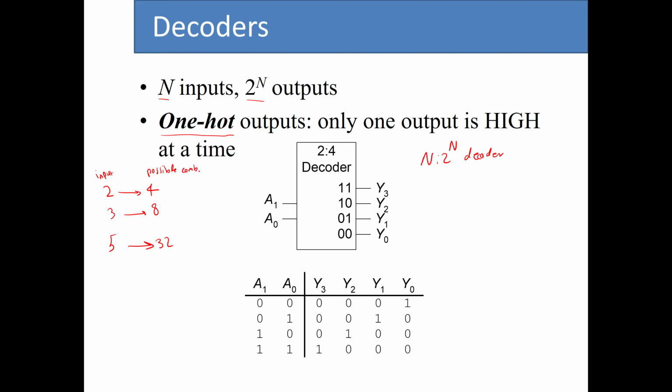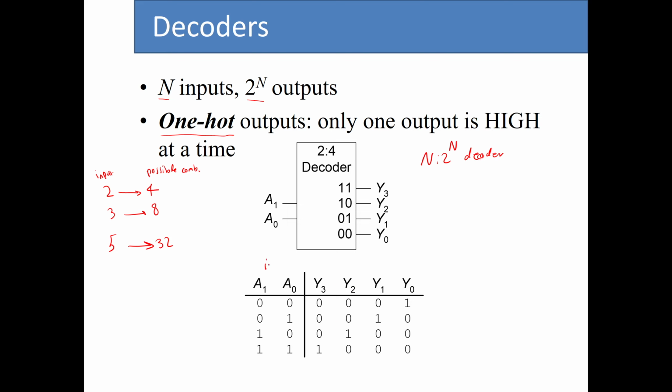You are not going to be using a physical decoder. Physical decoders, depending on the size of the IC, may have different layouts for the outputs and the wires that you need to connect. So we have 2 inputs, A1 and A0, and 4 outputs, Y3, Y2, Y1, and Y0.